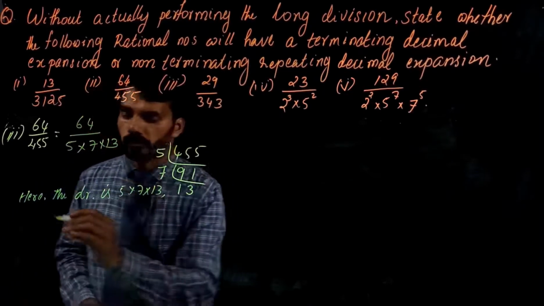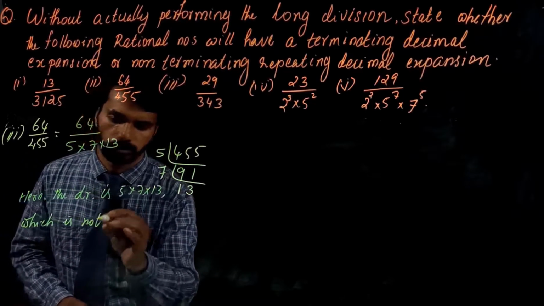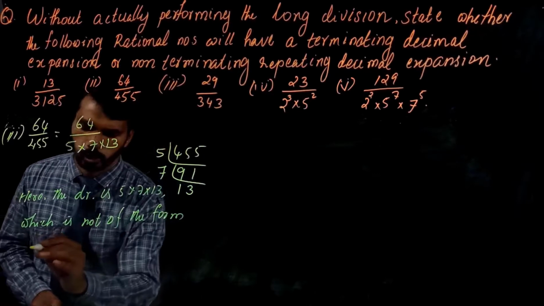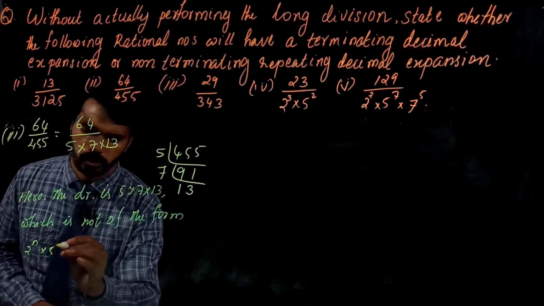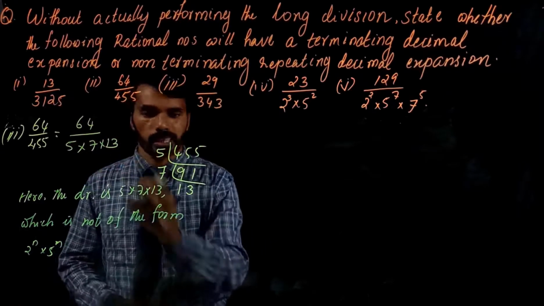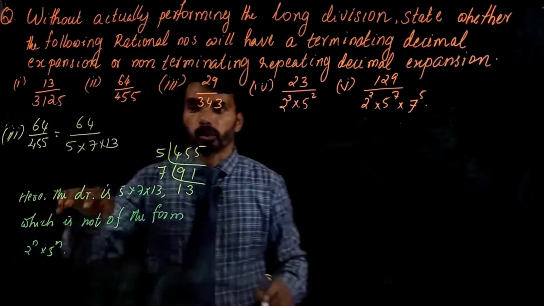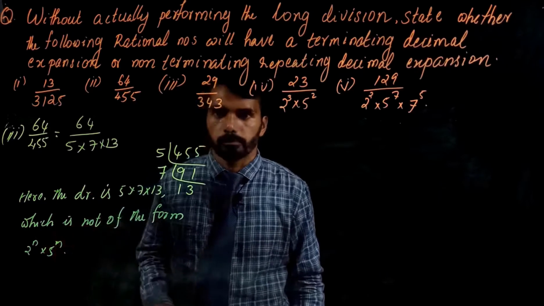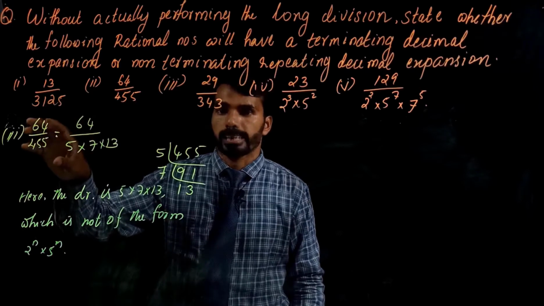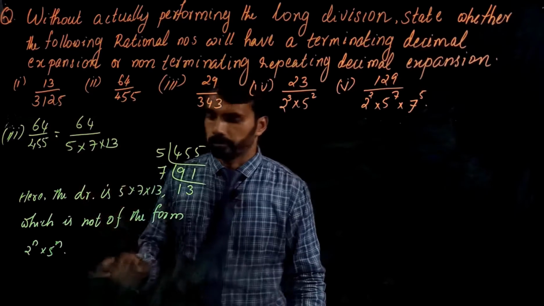Clearly it is not of the form 2 raised to n into 5 raised to m. Here it is 5 into 7 into 13. So if it is not of the form 2 raised to n into 5 raised to m, then this rational number has a decimal expansion which is non-terminating but repeating.